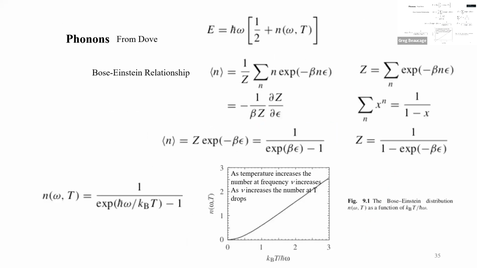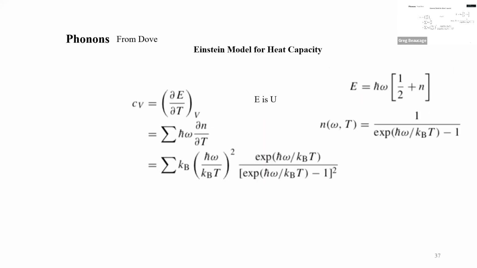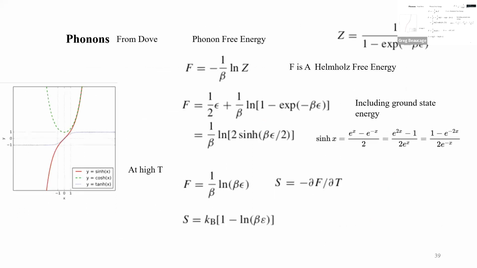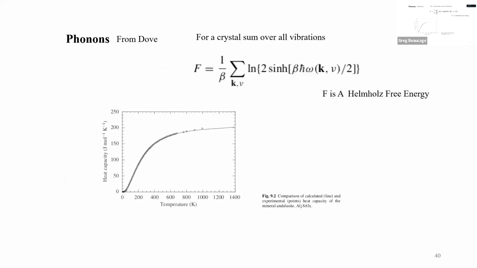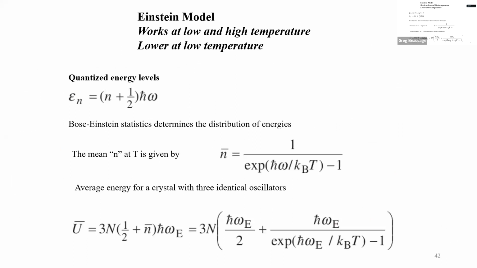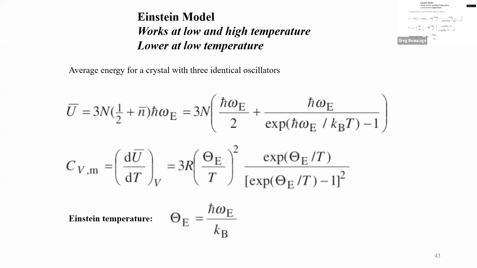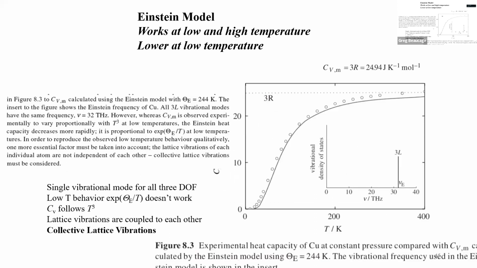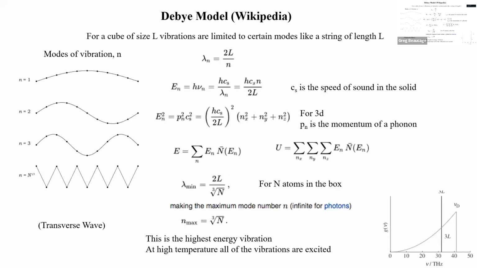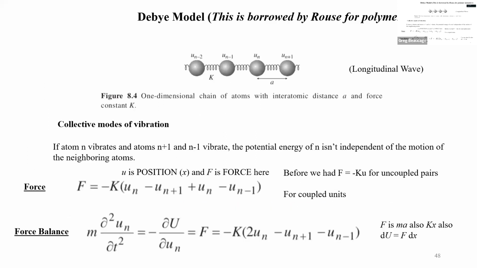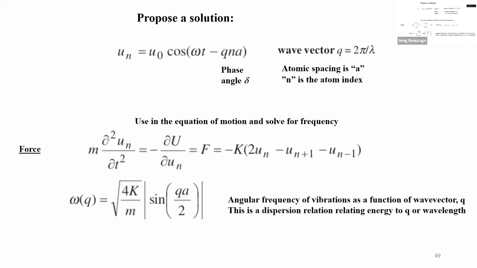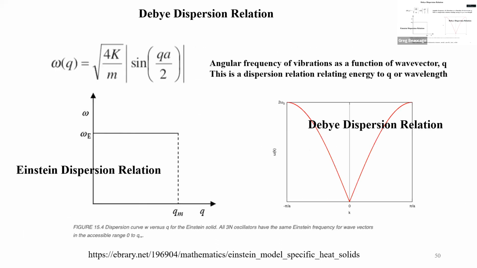I'm looking for the thing with the constraints on it. This is not it. That's not it. It's all Einstein stuff. This is what we did already. That's the Debye model. This is close.